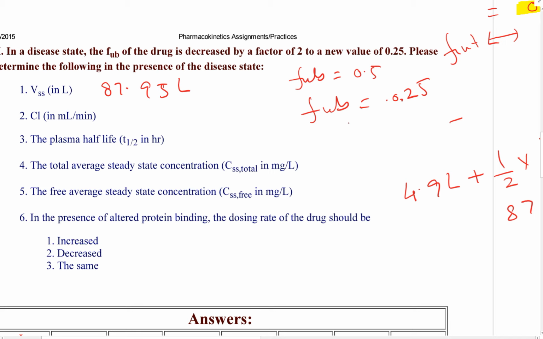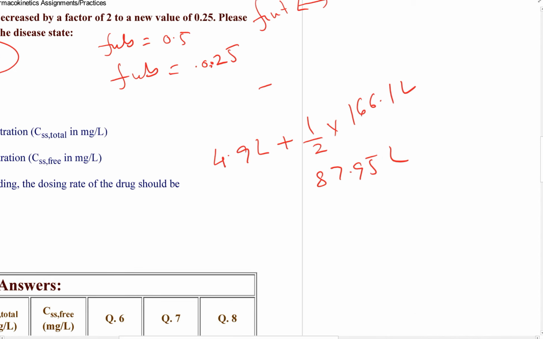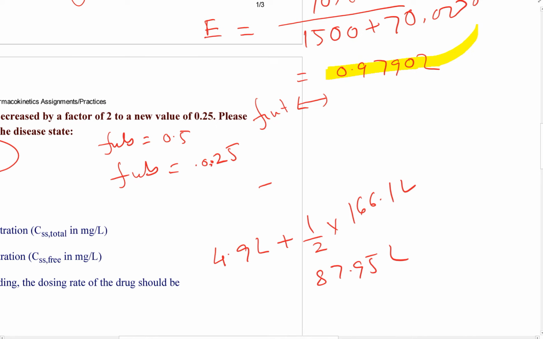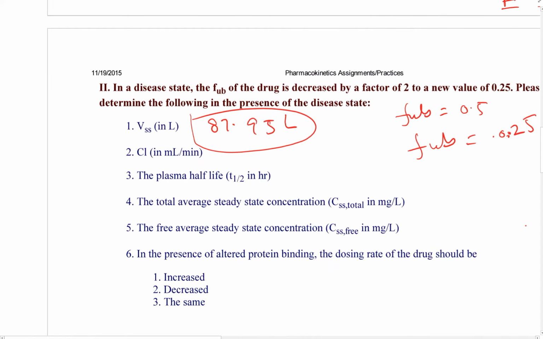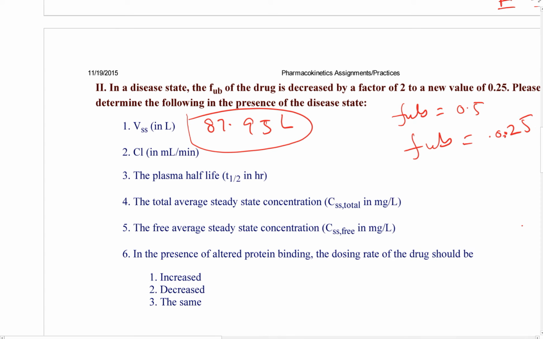When fraction unbound has decreased, our volume of distribution is also going to decrease, because if you remember this equation I've been going over and over. If it had gone up, VSS would go up, but in our case it has gone down, so VSS is going down. Now we have to calculate the clearance.